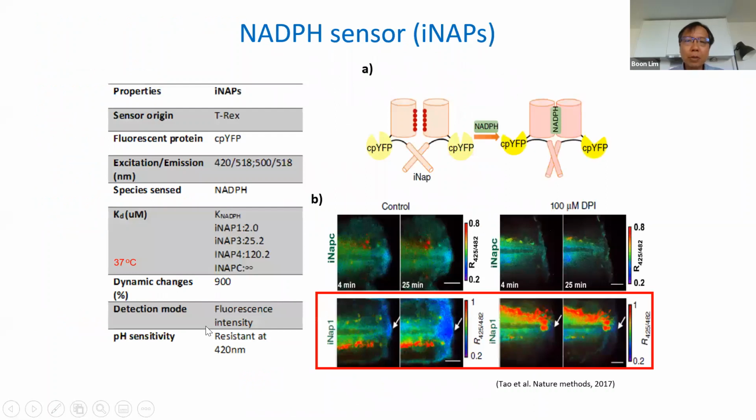So we have adopted an NADPH sensor developed by Professor Yang Yi. This sensor is also a ratiometric sensor, and it has several versions. iNAP1 is a high affinity NADPH sensor, and iNAP4 is a low affinity sensor, and they require a pH normalization using iNAP-C.